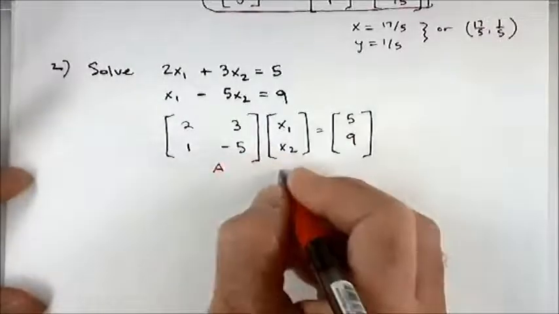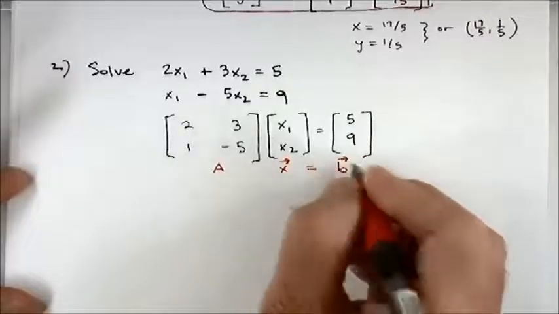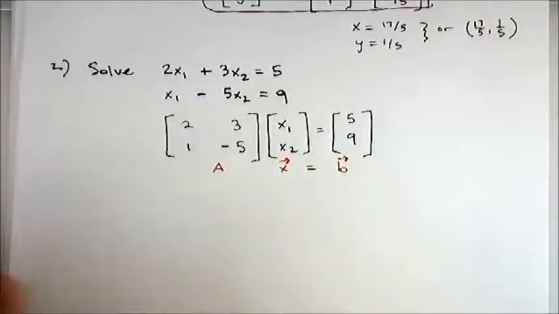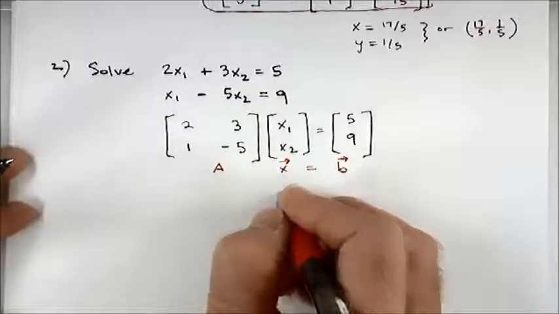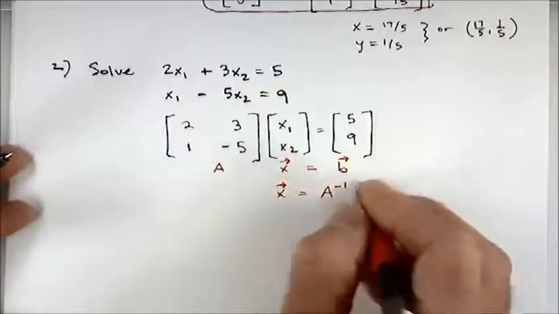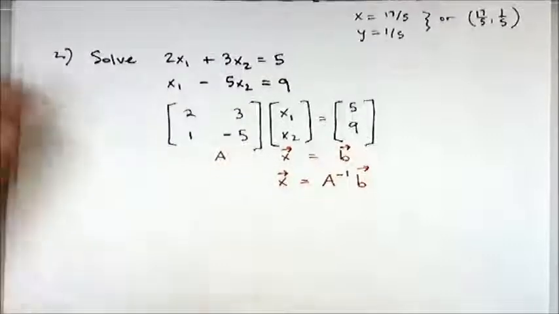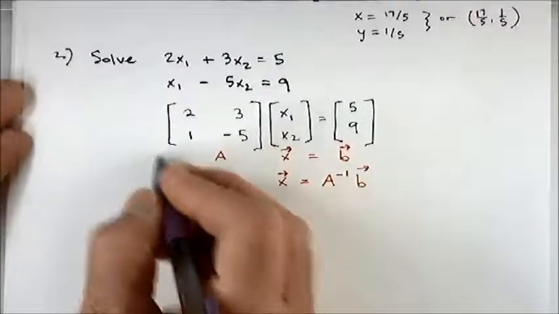So this again has the form of A x bar equals b bar as a vector. We know the solution is going to be A inverse times b. But we've got to find A inverse here. So let's go off to the side here.